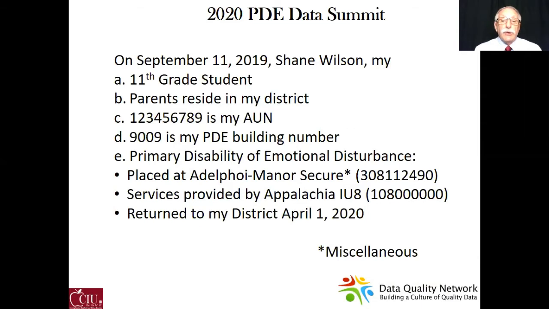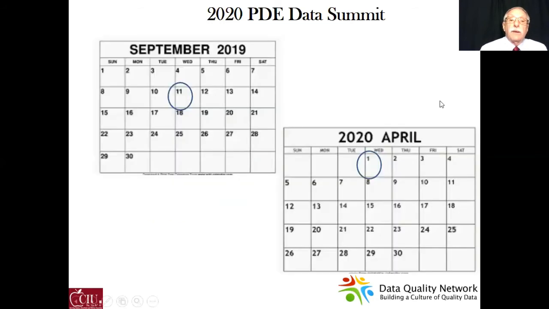If you were to do a search in Edna for that AUN, you would be able to find out that they would be identified as a miscellaneous. And the service is being provided by the local IU8. Then Shane returns to my district on April the 1st. September 11th happens to be on a Wednesday, and April 1 is also on a Wednesday in 2020.